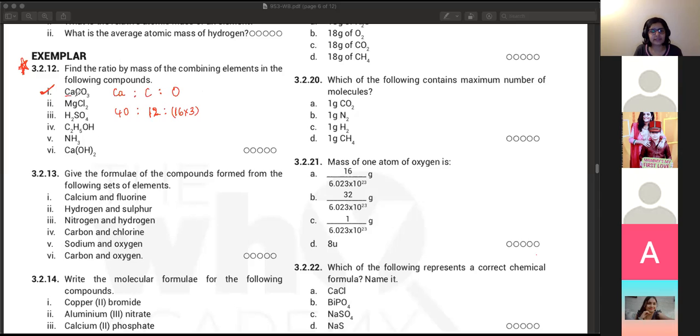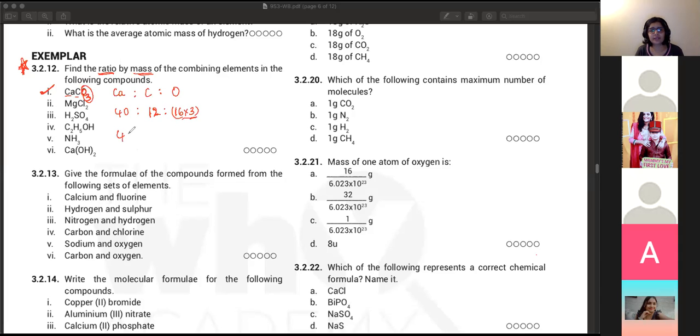So Ca, C, and O are the three combining elements. You need to find the ratio, and the ratio of what? The ratio of the masses of all these elements. And because we have O3, 3 atoms of oxygen are present in this compound, which is why you need to take 16 into 3, 48.